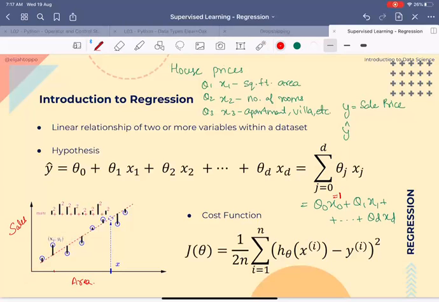So I have data from here, here, and so on. Even though they are linearly related, there may be a base price of a house, at least a registration amount, or at least you may not find a house with 0 area and 0 sales.